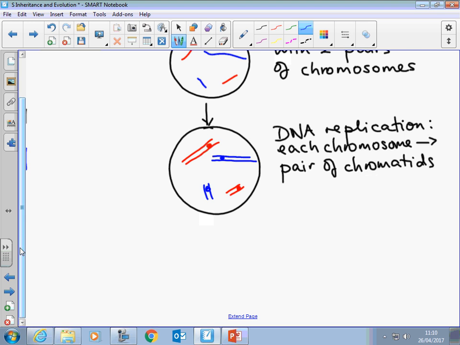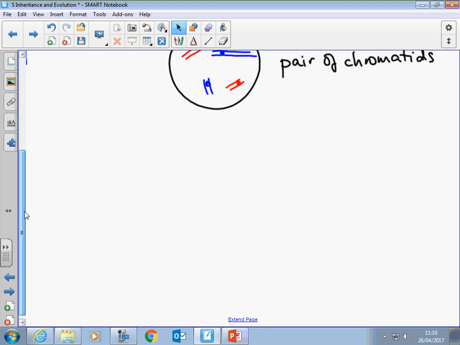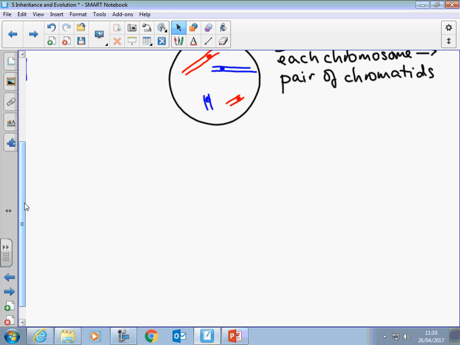What happens in the first meiotic division is that as we go into prophase, these pairs of chromosomes do come together. They match up in pairs, according to number. So the 2 long ones would be together, the 2 short ones together.